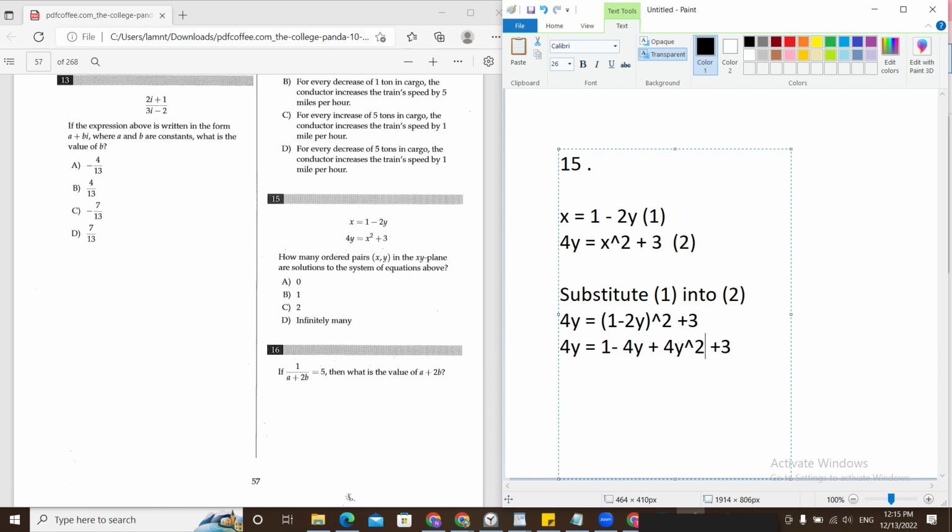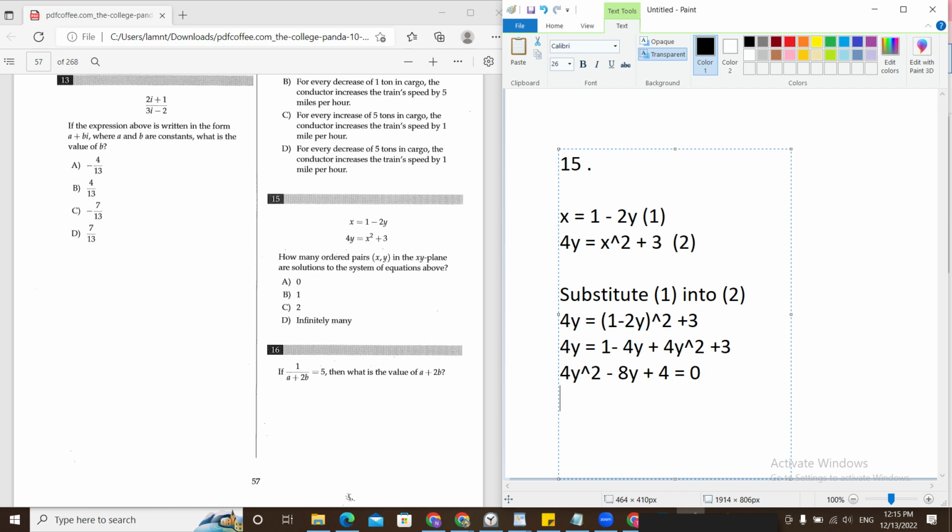Because we have 4y here, it's kind of a cancellation. No, it's not a cancellation. We have to make it into an actual quadratic equation, right? So 4y squared, minus 4y from both sides, minus 8y and plus 4 is equal to 0.